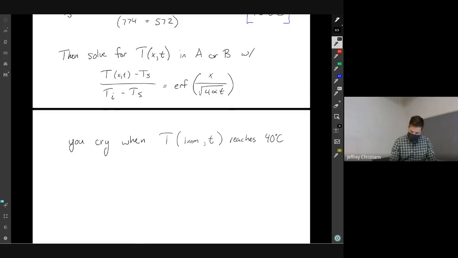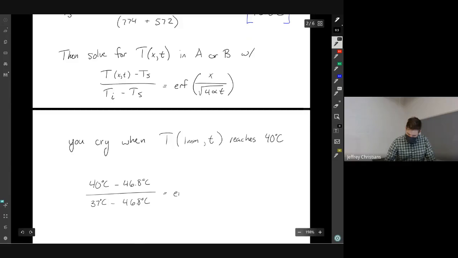Then you could plug in all of those values. So you'd have 40C minus 46.8C, divided by 37 minus 46.8. That'd be the error function. So you'd plug in your value of x that we happen to be looking for, 1 millimeter, 1 times 10 to the minus 3 meters.